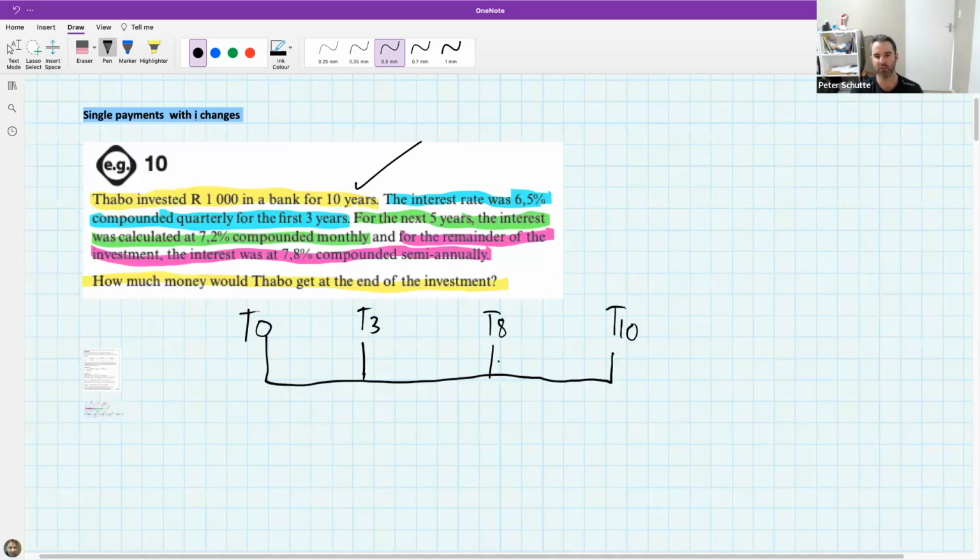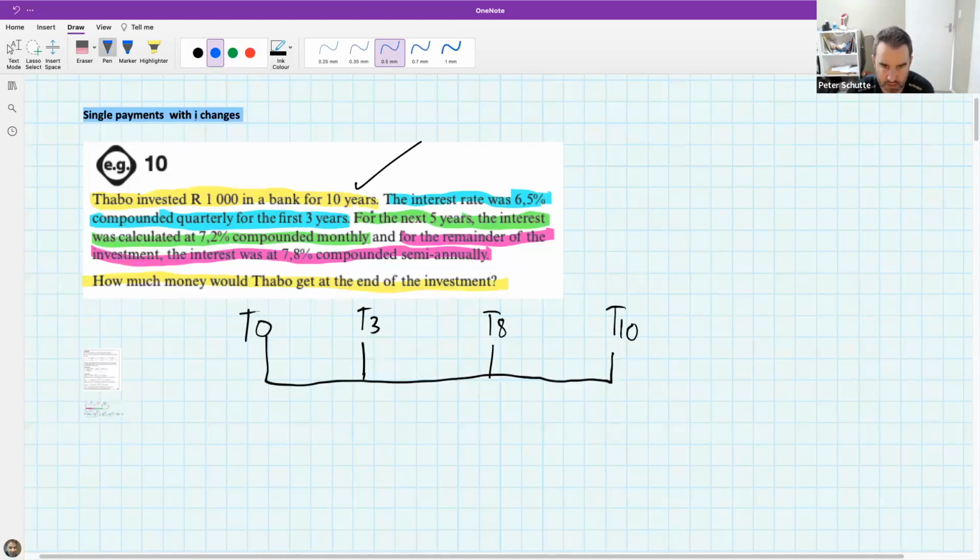And then for the remainder is just going to be the time between T8 and T10. So again, give me a thumbs up if you understand why the T3 and T8 are important. Specific things change on the journey at those points. Okay, so again, we're taking all this rather detailed information and we're putting it into a simple representation.